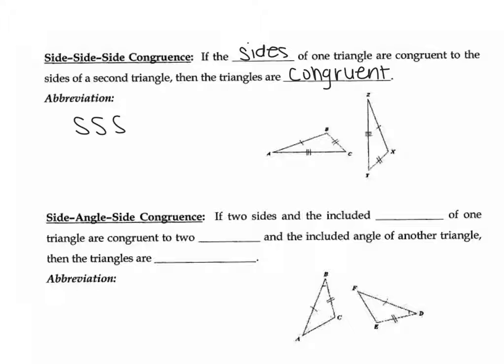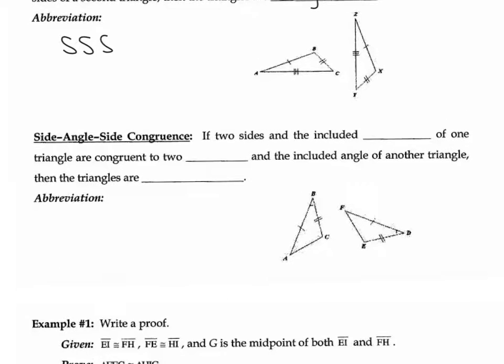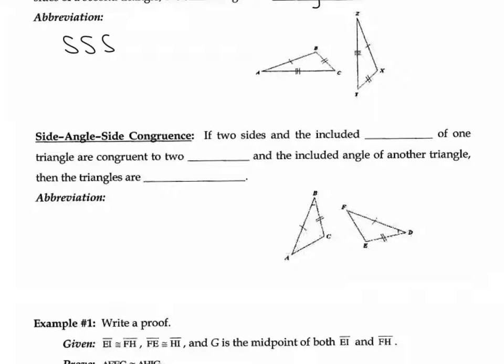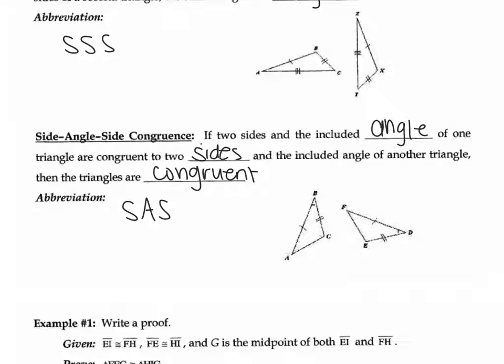And then we have side angle side congruence, which says if two sides and the included angle of one triangle are congruent to two sides and the included angle of another triangle, then the triangles are congruent. And we're going to abbreviate this SAS for side angle side.